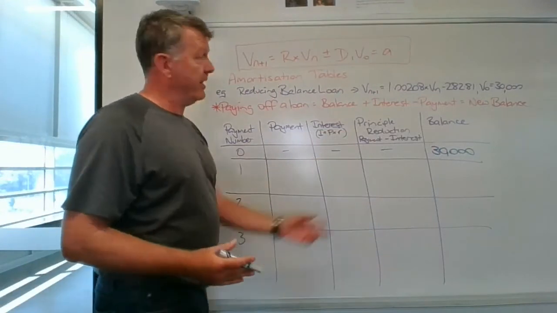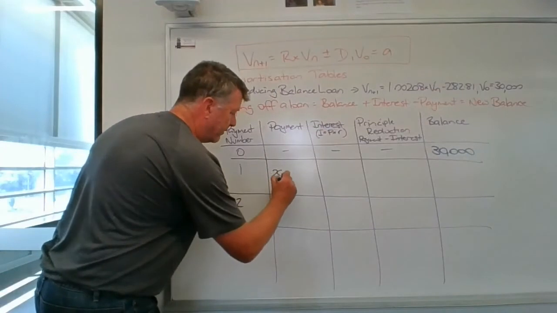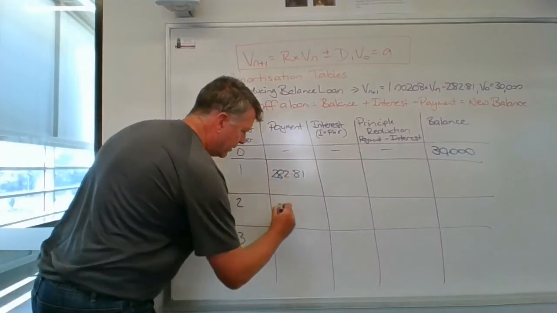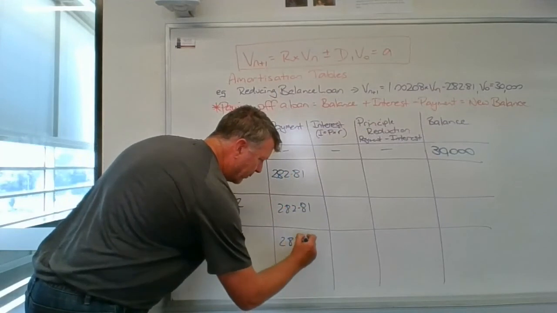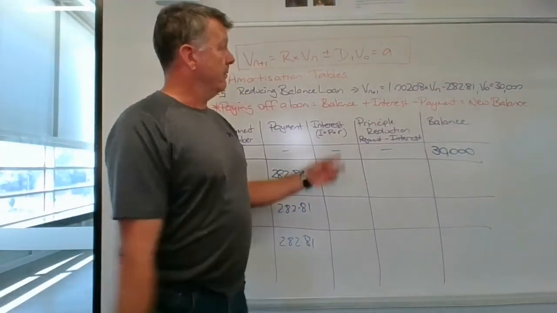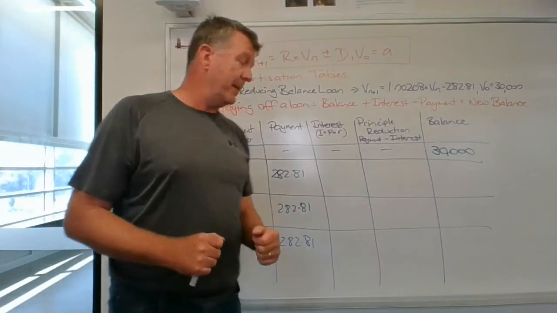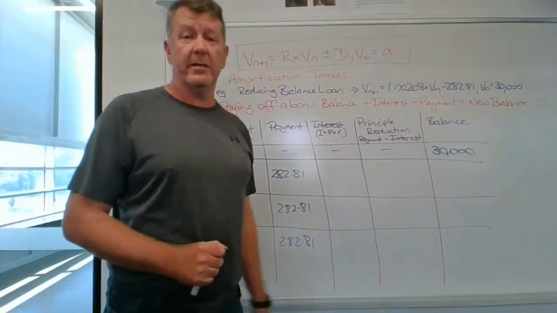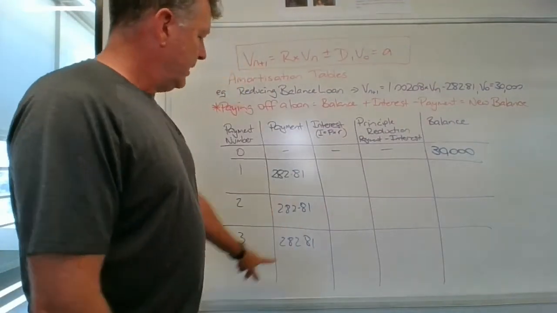In this case, it's $282.81. The bank calculates this because eventually, in Frank's case over 10 years, he's going to pay off that loan. So each month he pays $282.81. After 10 years, he won't owe the bank anything if he makes those payments.